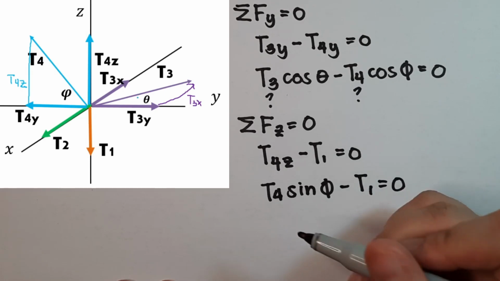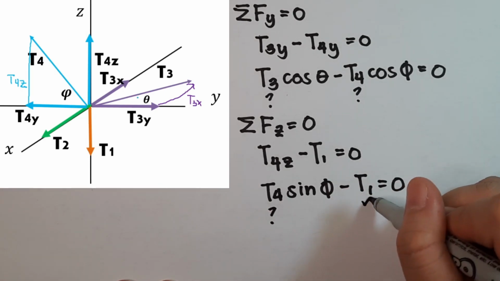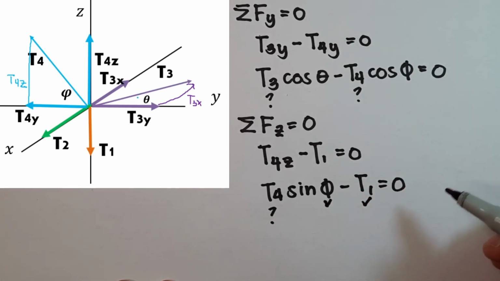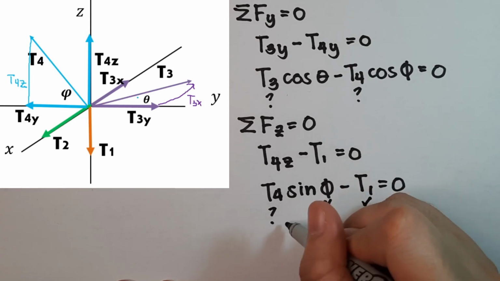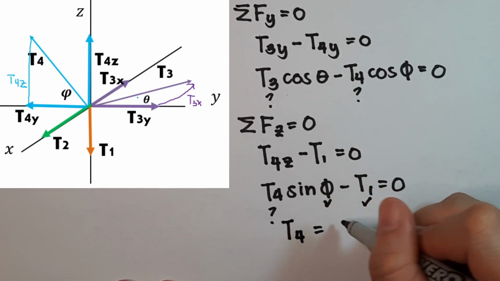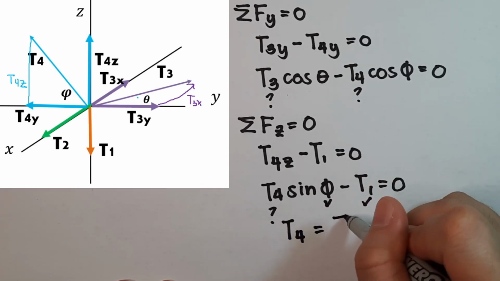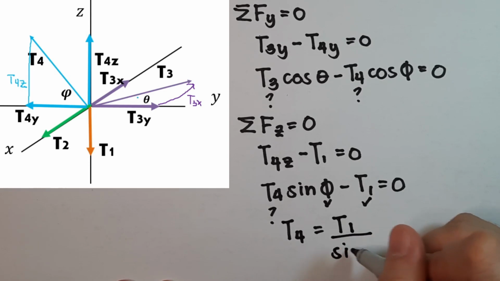If we check the given, we don't know what T4 is, but we know T1 and we know phi. So we can now solve for T4. Let's derive this one. T4 is equal to T1, then divide both sides by sine phi.